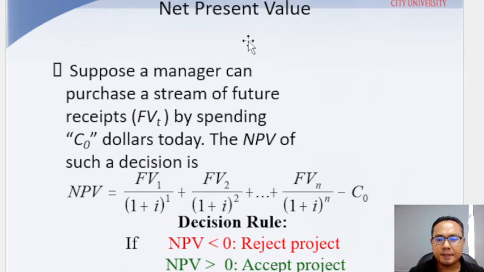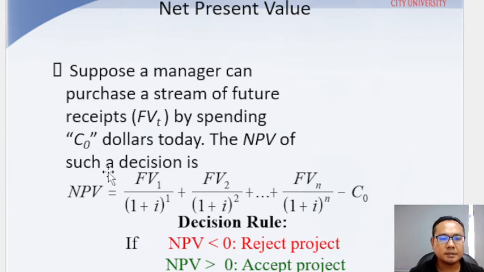That's the net present value: the present value of the income stream generated by a project minus the current cost of the project. Suppose a manager can purchase a stream of future receipts by spending C, the cost in dollars today.